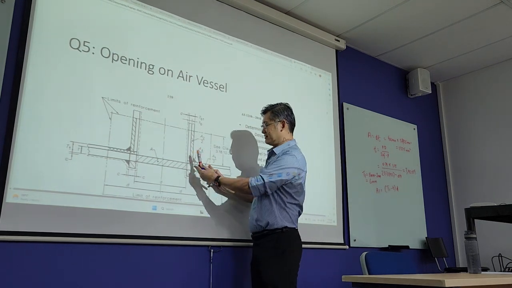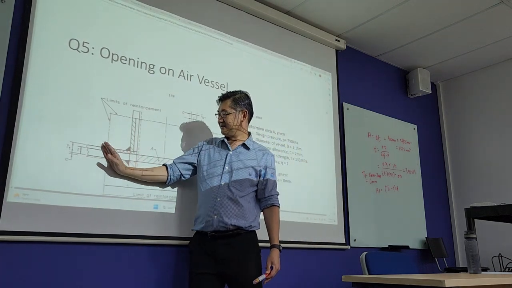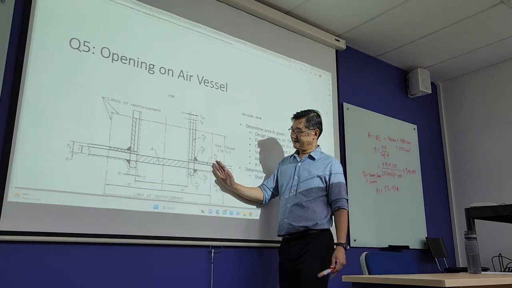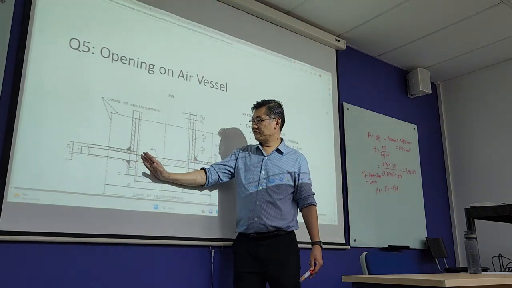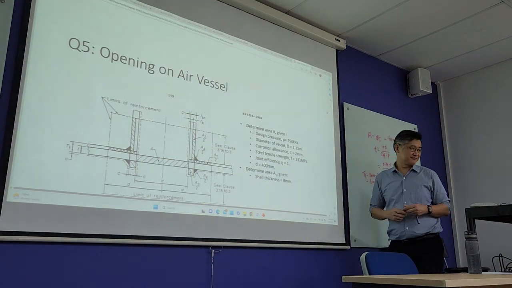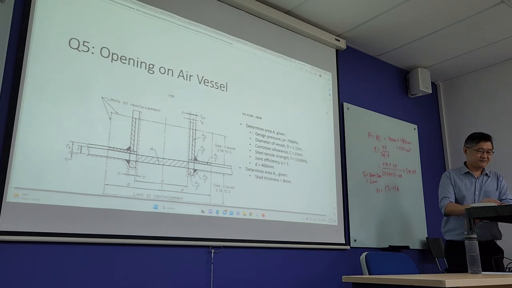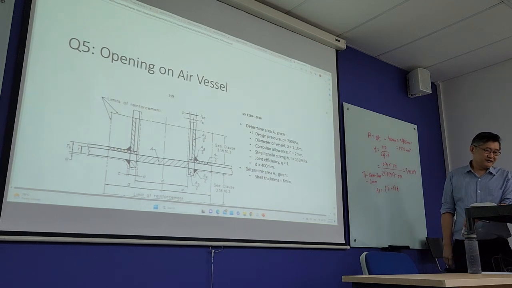So this part is half of your opening. You add up the two, and the distance is equivalent to your cutting.